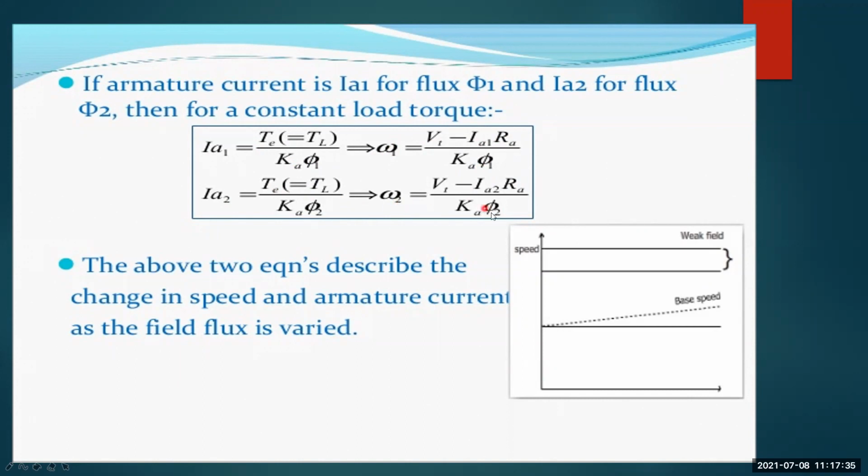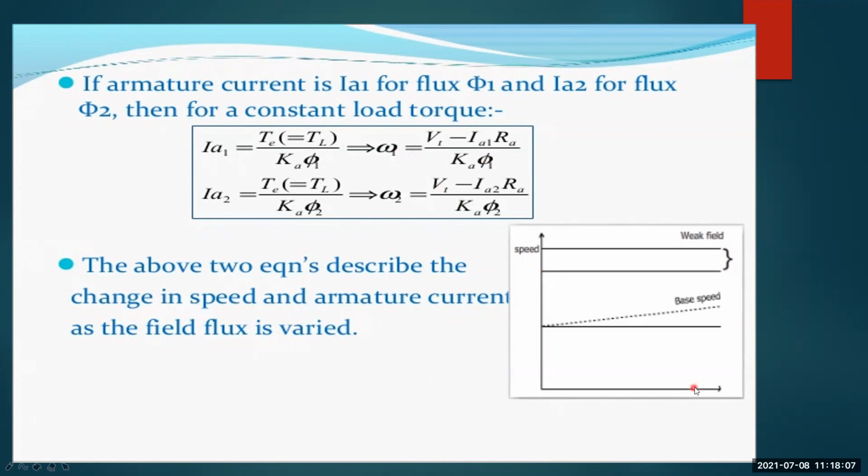The above two equations describe the change in speed and armature current as the field flux is varied. Understood?